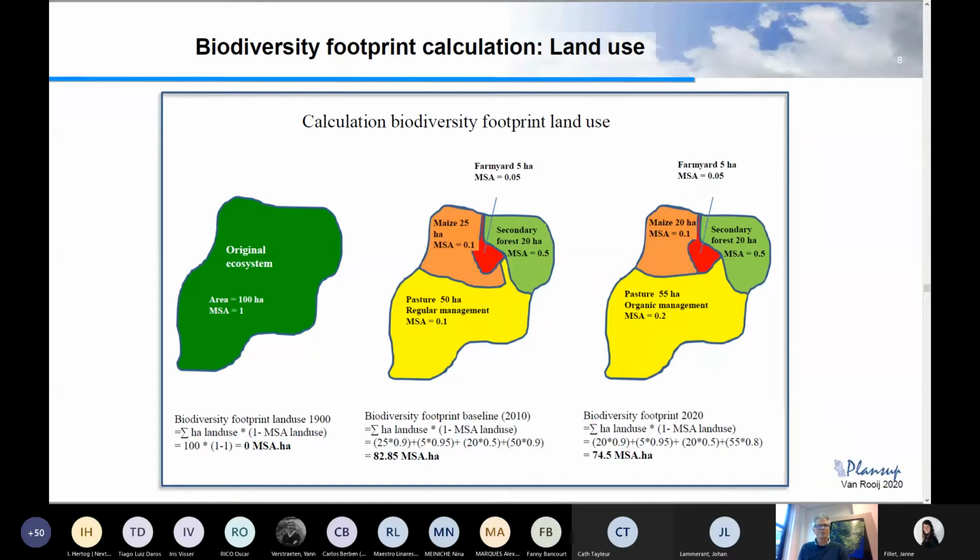That's just a table. So if you have a farm with 50 hectares of regular management pasture, and he wants to convert it into organic management, then you can calculate the impact for the farm by summarizing the impact of the different types of land use. And underneath you can see how the calculation is being done. Next slide, please.